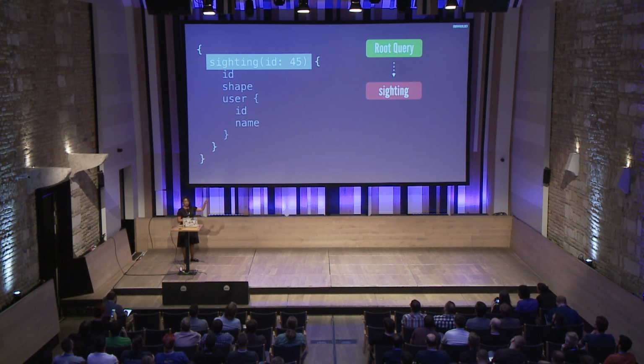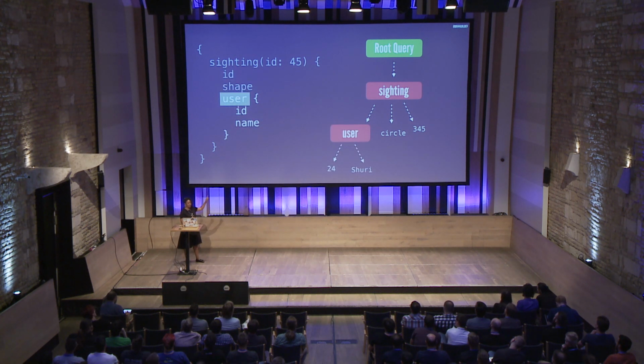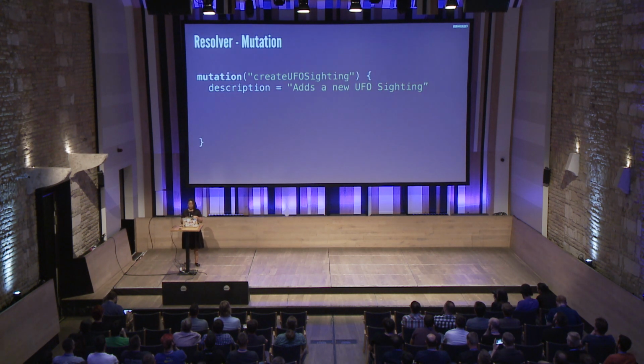Now I need to run a resolver for that. It'll look at the ID and shape, and it knows, okay, these are scalar things, so I can just give those back to you. But then the user is actually another object. So I need to run the resolver for the user. And then inside there, there's an ID and name, which are scalar fields, and it will give all of this back to you as JSON.